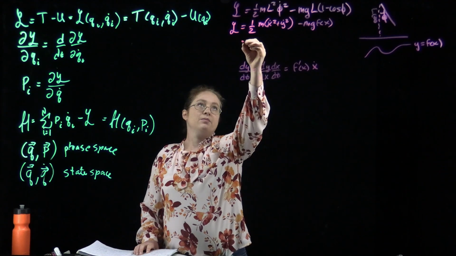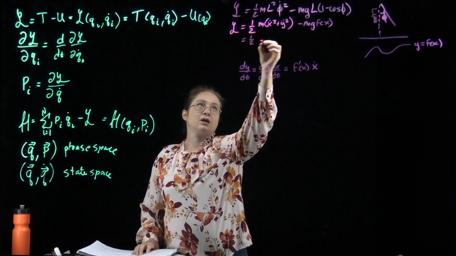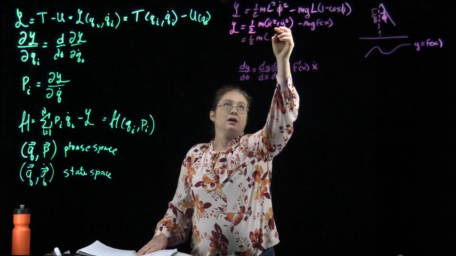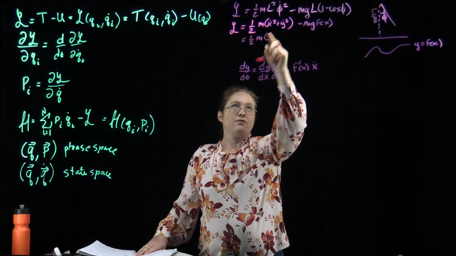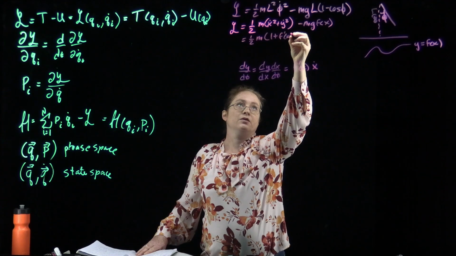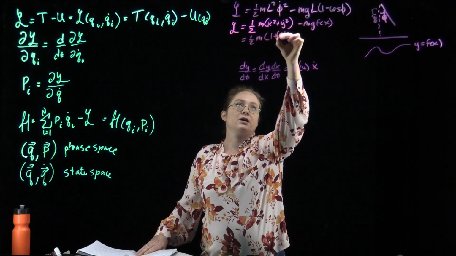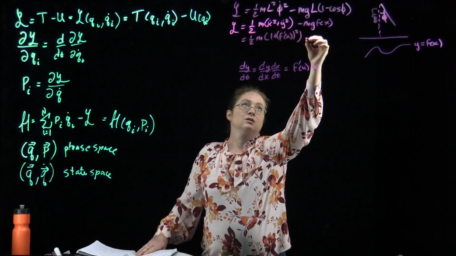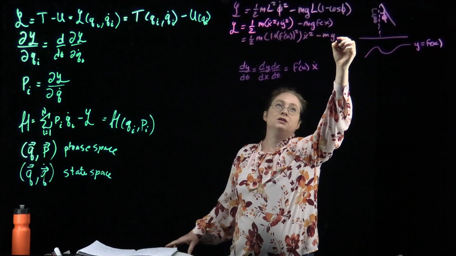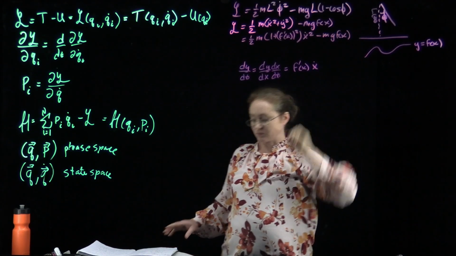So for this particular case, our Lagrangian is 1/2 m (1 plus f prime of x) quantity squared x dot squared minus mg f of x.